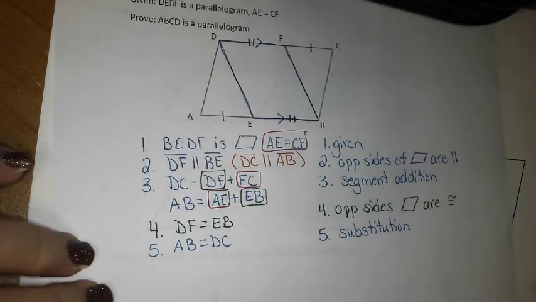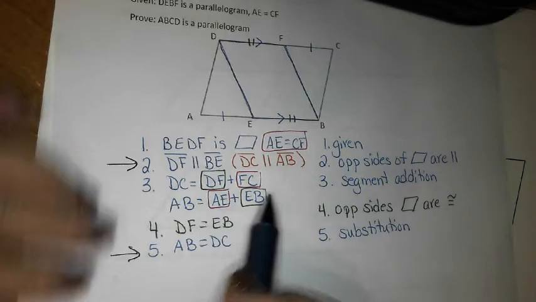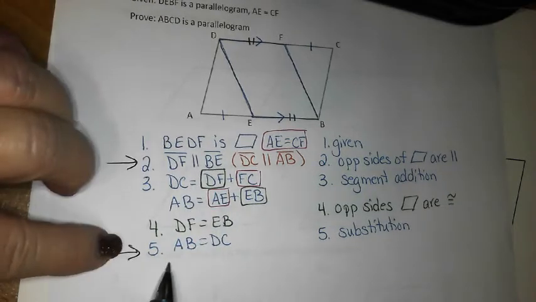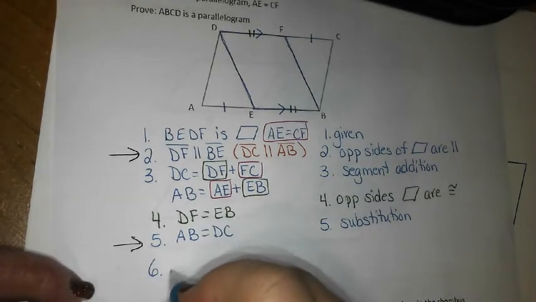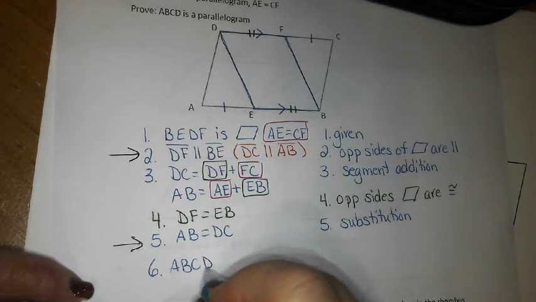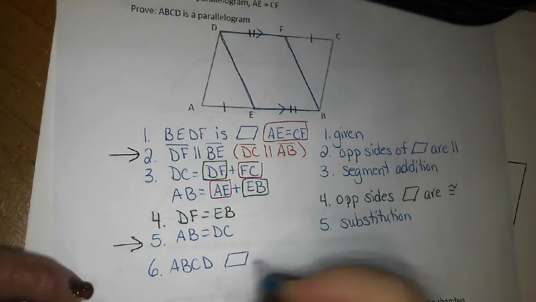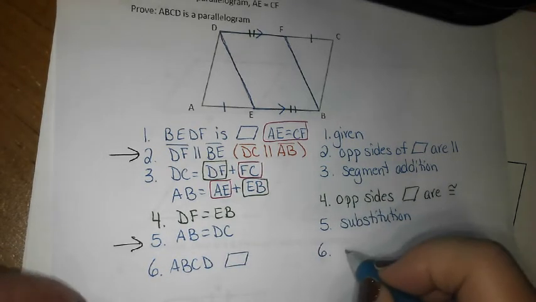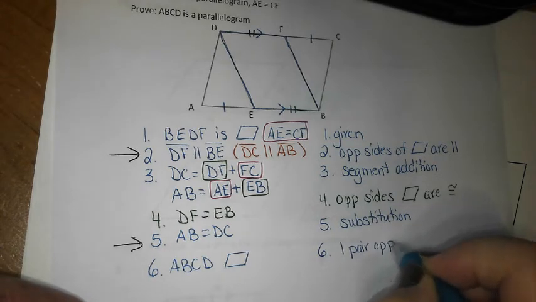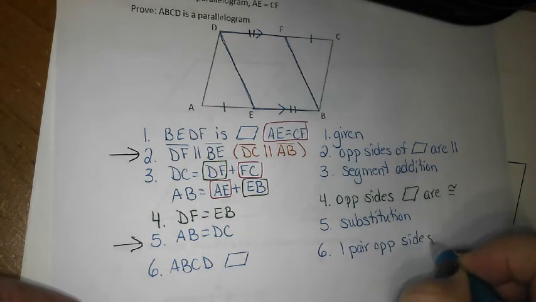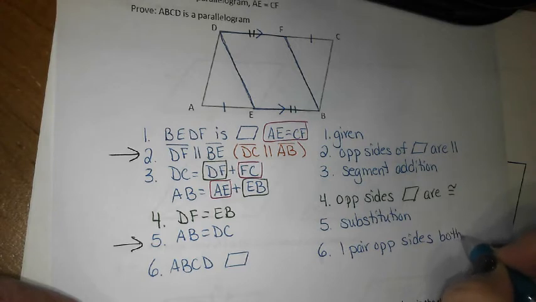Now, I have one pair of opposite sides, parallel and congruent. So I'm going to make my final statement. ABCD is a parallelogram because it had one pair of opposite sides that was both congruent and parallel.